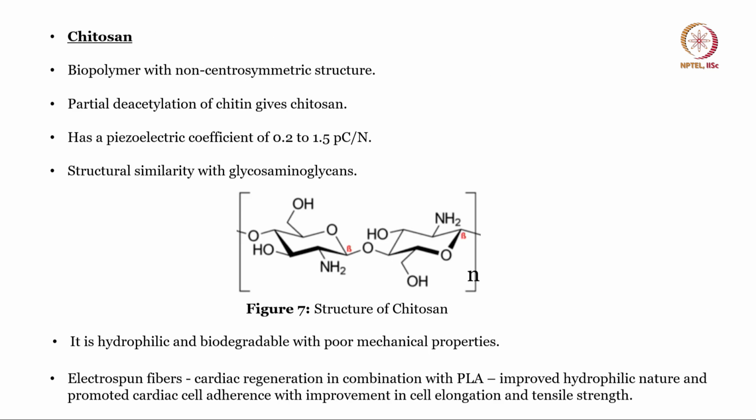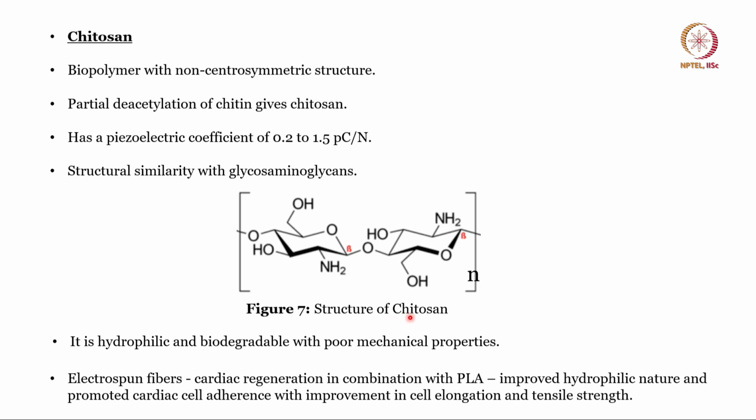The next polymer is chitosan. This chitosan is a polymer of animal origin. Chitin, present in the exoskeleton of insects, when it undergoes deacetylation, leads to the generation of chitosan. This chitosan has a non-centrosymmetric structure, due to which it shows piezoelectricity.